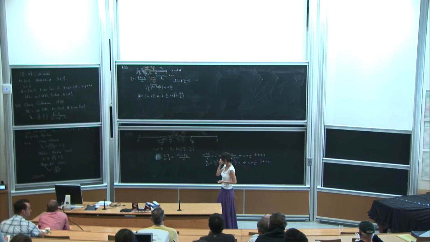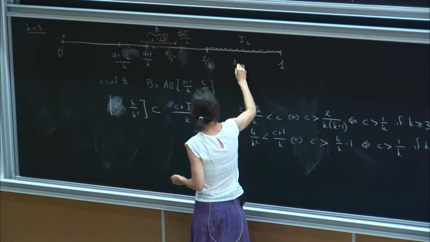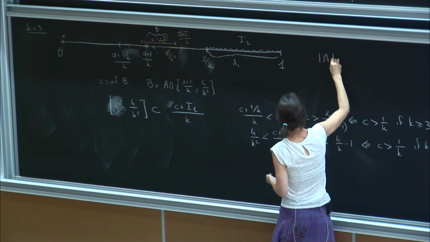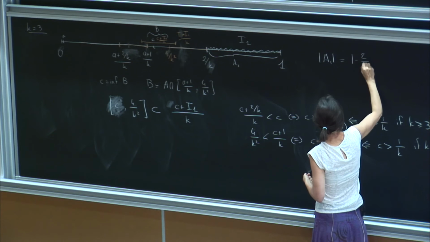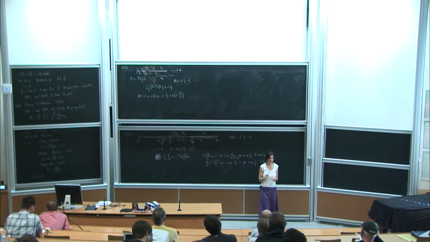And now it's harder to prove that this set is actually a maximal set, and you cannot do better than that. Because if you take here everything, so you have A1, and you take A1 so that the size of A1 is 1 minus 2 divided by K minus epsilon. So you take everything except epsilon.